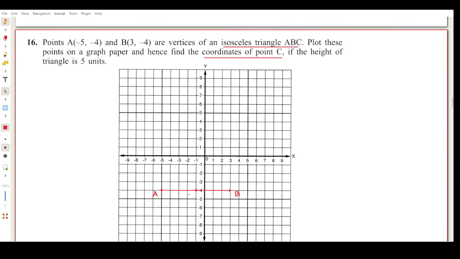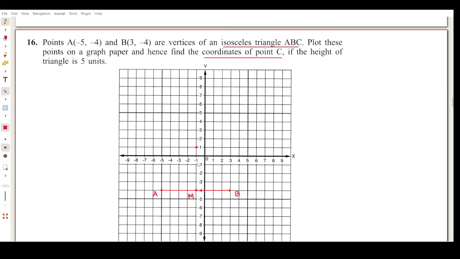I can just name this midpoint M. Now in an isosceles triangle the height always comes from the midpoint. Height of the triangle is 5 units, so from here take 5 units: 1, 2, 3, 4, 5. Now this is the height of the triangle.